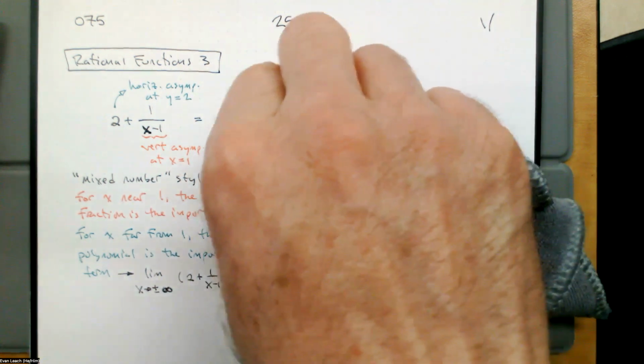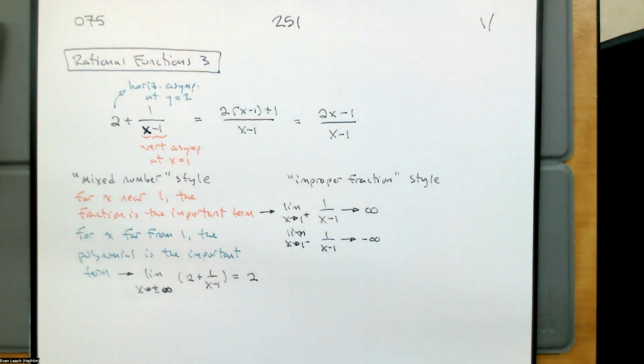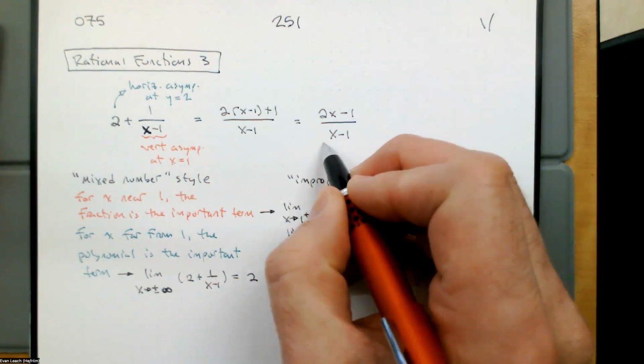In the improper fraction style, we still see very clearly that vertical asymptote at x equals 1. So that's still obvious.